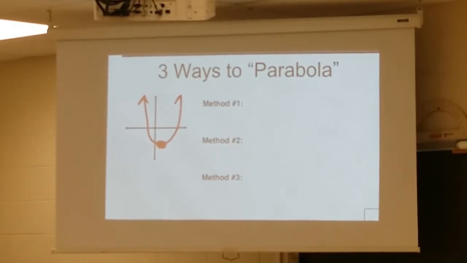So as I'm trying to show you here, we have a vertex, and most of the time we call a vertex H and K, although you could use any letters you want. And why would we be thinking about the vertex? Well, because of the vertex method.